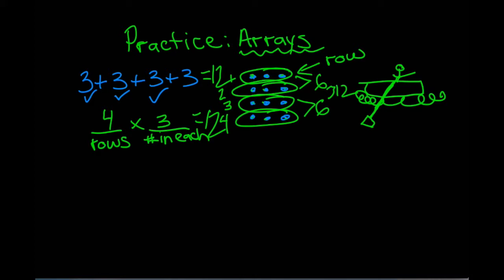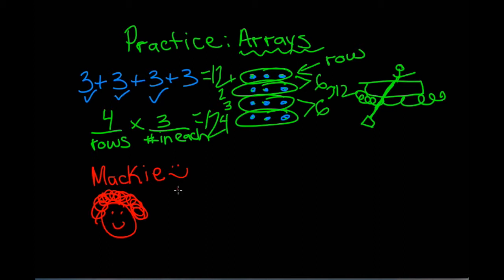All right, so I want you to use an array to solve this problem. This is my friend Mackie. Mackie, what's up, man? Mackie hanging out right here. Sweet hair. There's Mackie. Mackie has 6 bags.